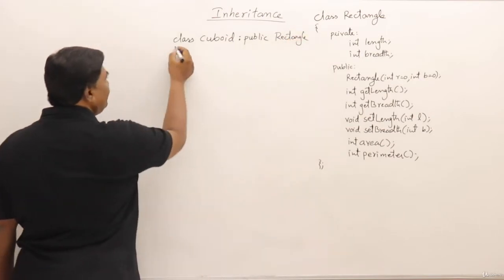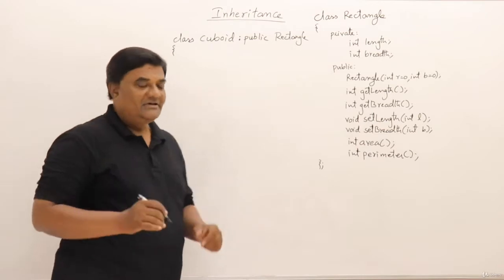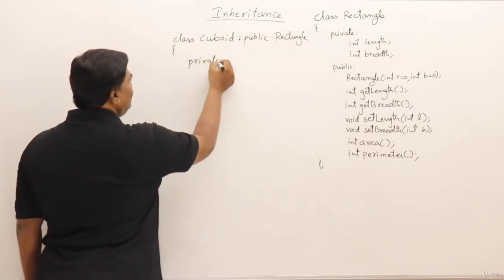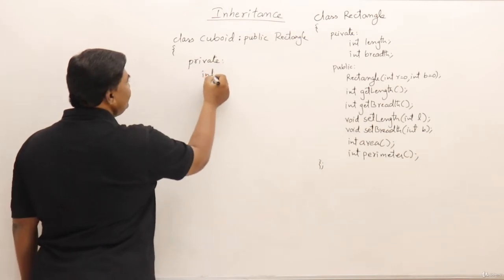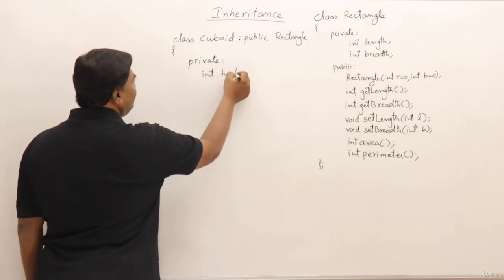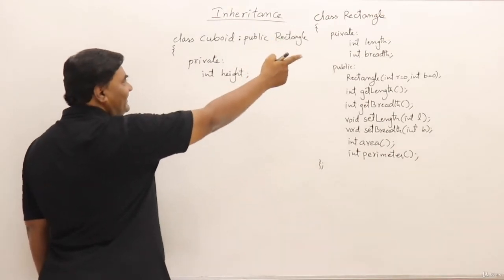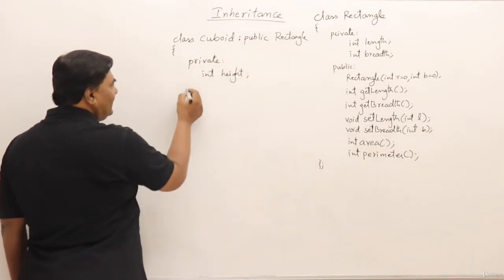This is inheriting from rectangle. Now what are the members in this one? So I will take private, data member integer height. Yes, this is sufficient. So already length and breadth it is getting from rectangle and it's having its own height.